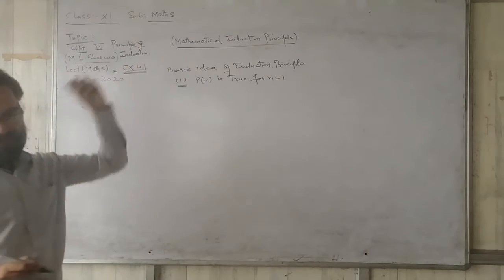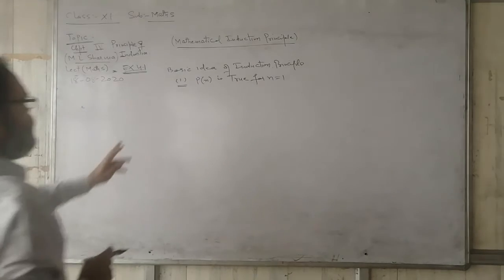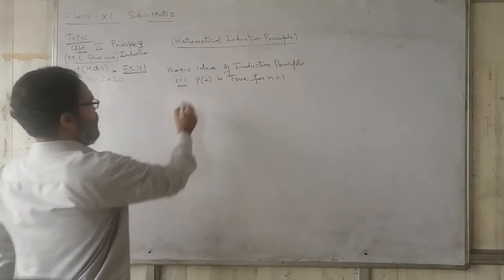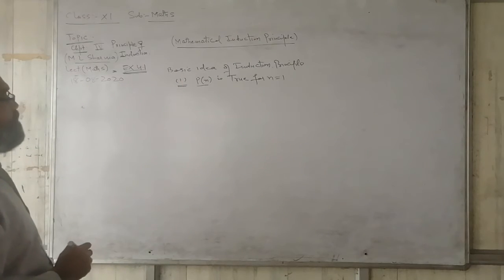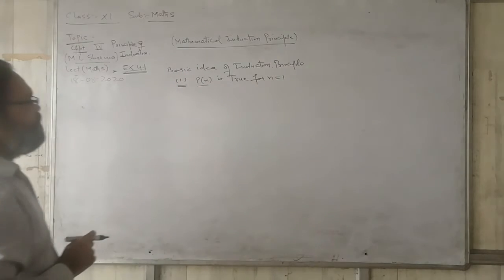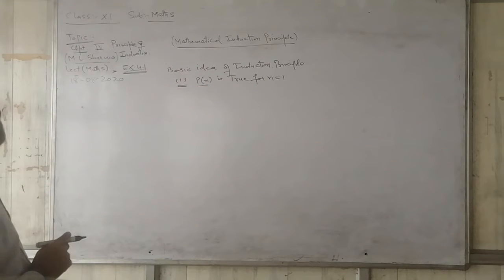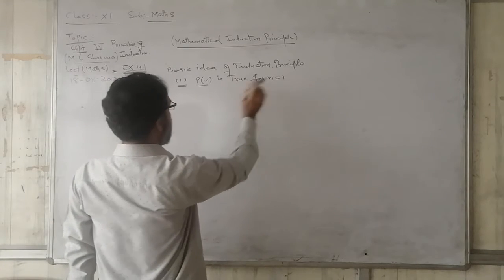According to this induction principle, we have to check in first step the mathematical statement, that is denoted by Pn, that is principal statement. So we have to check whether this statement which is given in the question is true for n equal to 1.